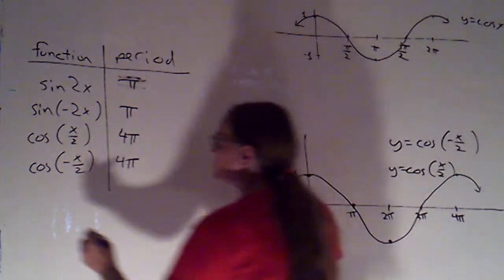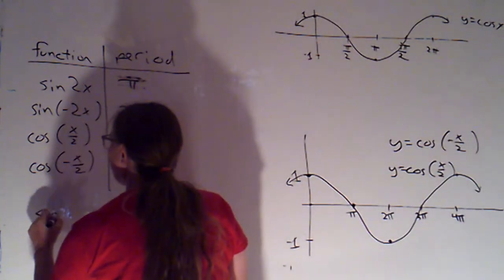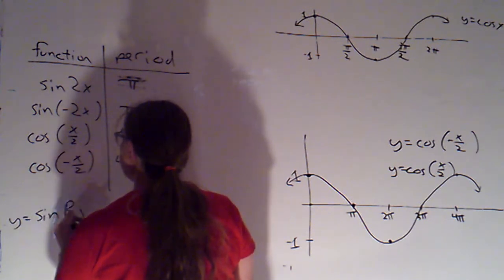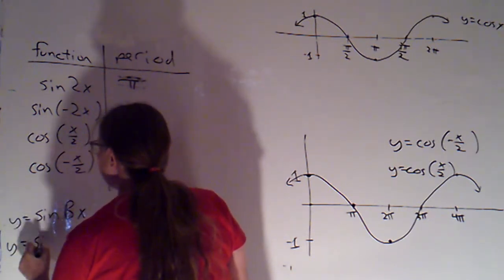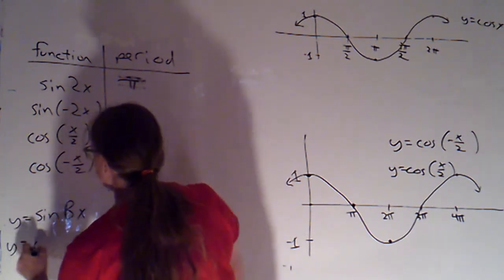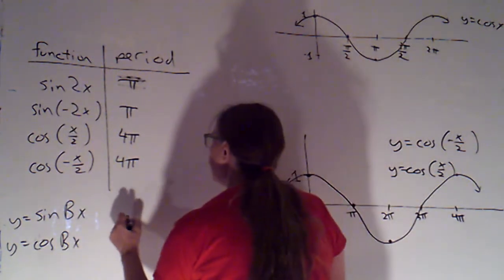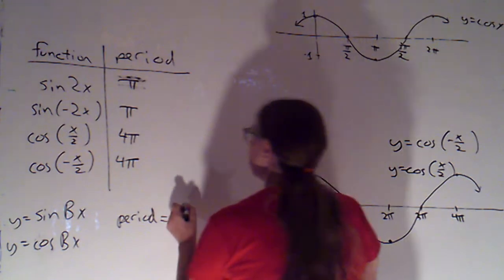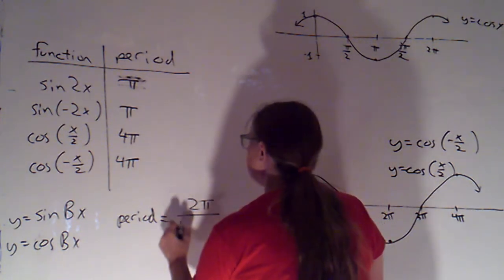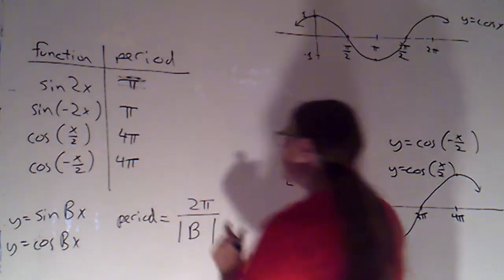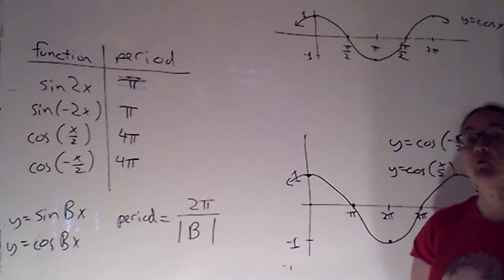As a general rule, if I have y equals sine of bx or y equals cosine of bx, the period is going to be 2 pi divided by the absolute value of b.